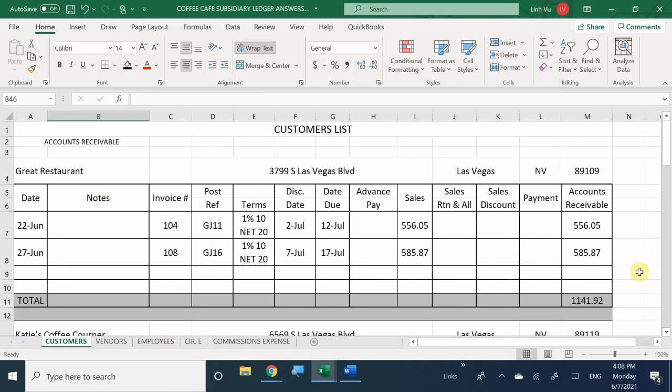Now, either way, even if they do end up writing us a full check for the 556, we still have to count it because in this case, did they make the discount period? Yes, they did. So at the end of the day, we're still going to record the same amount because they got the discount regardless. Even if they wrote that check for the full amount of 556, we would still send them a check back for the discounted amount because they overpaid us.